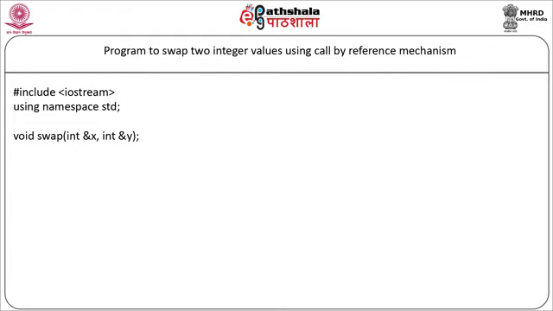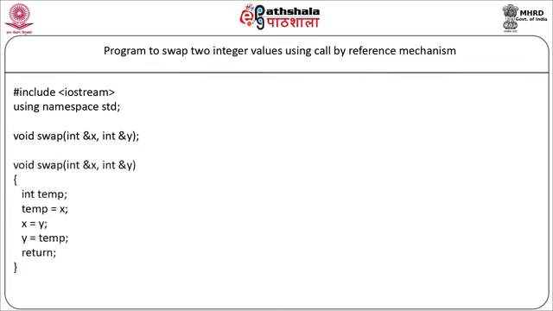So this is a change in case of call by reference. In call by reference, the variables are always passed by reference as int &. Now let us start with the function body, int temp; temp = x, x = y, y = temp, and return statement. And our function will end. Now let's start with the main program.